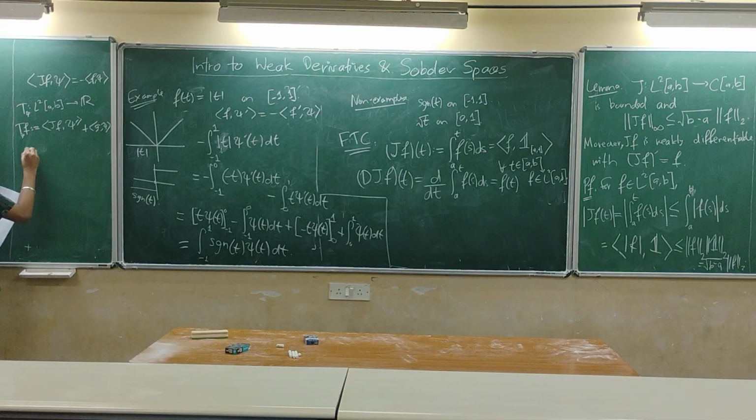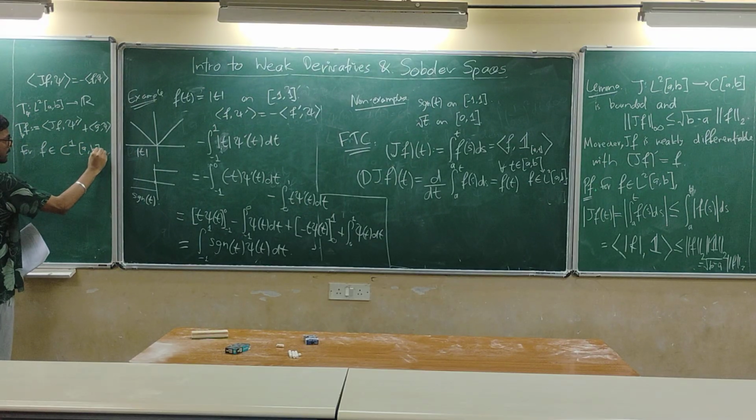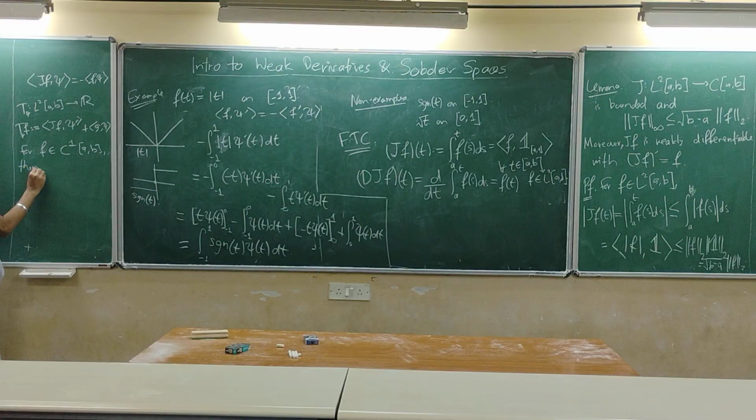In particular, if f is a C1 function, then we know that T_c of f is equal to 0 because f is C1, it's classically differentiable. We can use integration by parts and these terms cancel out by the first identity.